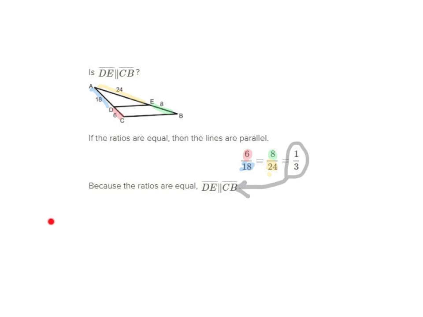So if we look at this 6 to 18, which is right here, and then the 8 to the 24, which is right here, both of those reduce to that same ratio, which is 1/3, which tells us that yes, those two segments are parallel to each other.